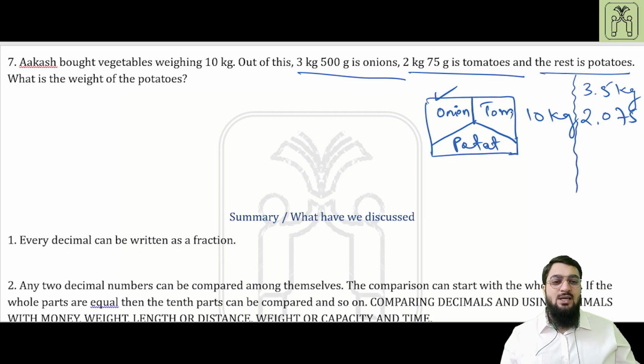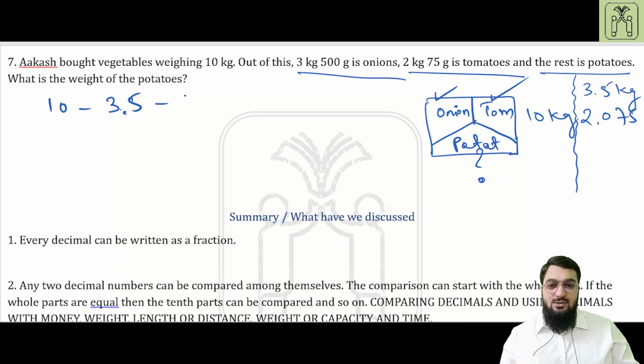Okay, after that the question is asked that what is the weight of the potato. So this one can be found out by subtracting the weight of the onion and the tomatoes from 10 kilograms. So how will we do that? We will just write 10 minus 3.5 minus 2.075 kilograms will be mentioned outside the bracket.